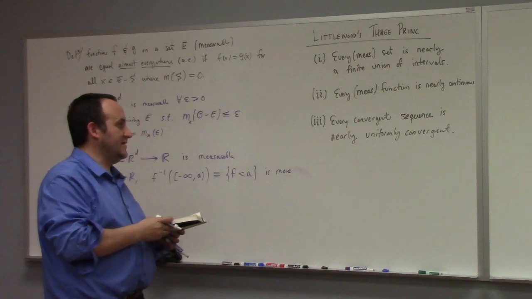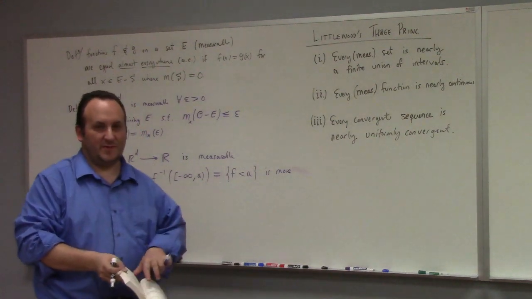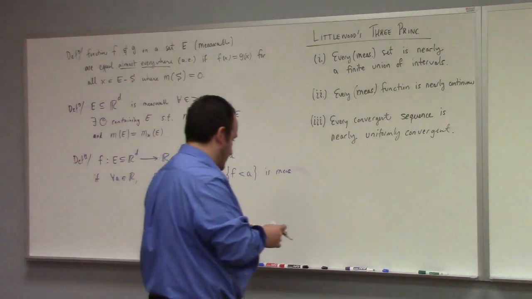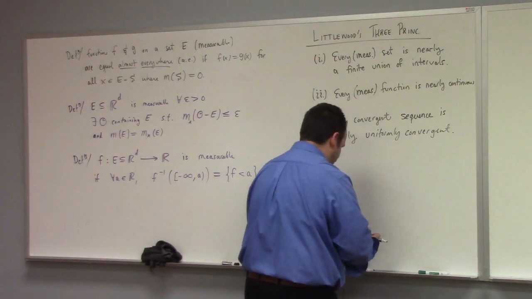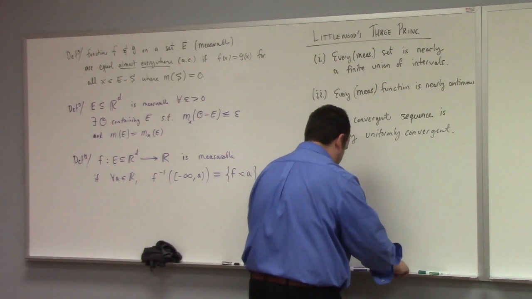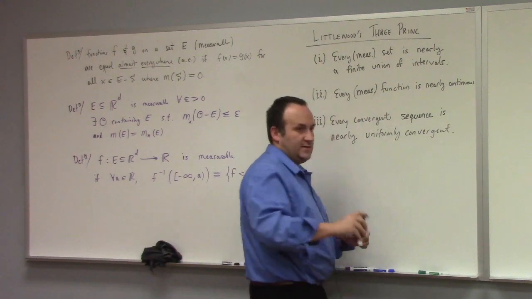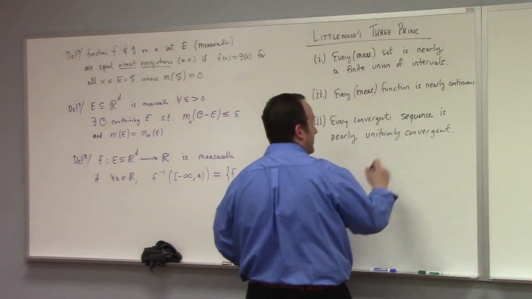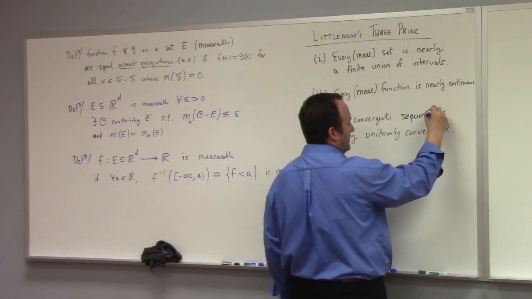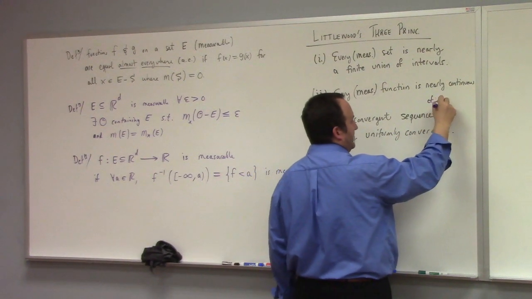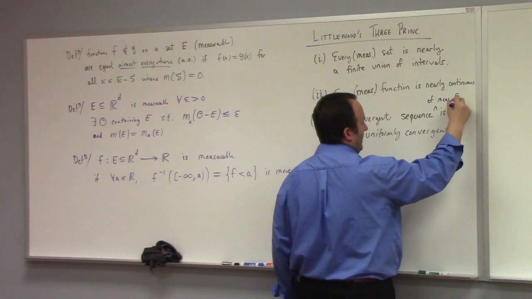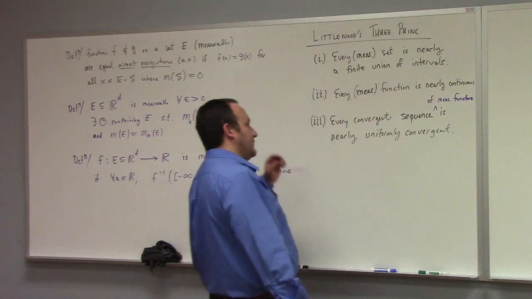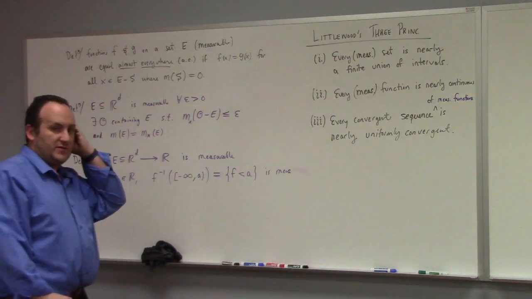Every convergent sequence of, to be more truthful, I really mean convergent sequence of measurable functions, right? I think that's what we're talking about here. Every convergent sequence of measurable functions is nearly uniformly convergent.